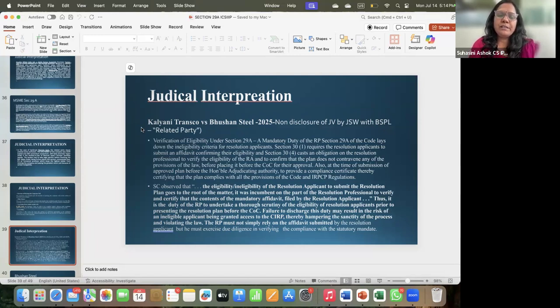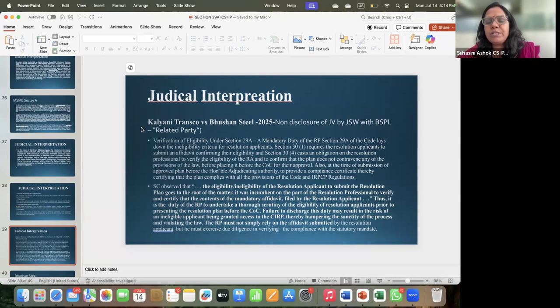So the Supreme Court in this case, Kalyani Transco versus Bhushan Steel, has observed that the ineligibility of the resolution applicant to submit the resolution plan goes to the root of the matter. That is, the resolution professional has to verify and certify the mandatory affidavit filed by the RA. Even if a mandatory affidavit is submitted by the RA, it is the duty of the RP to undertake a scrutiny of the eligibility prior to presenting the plan before the COC.